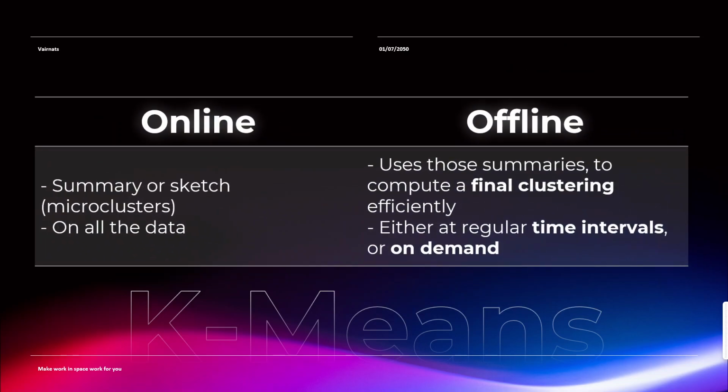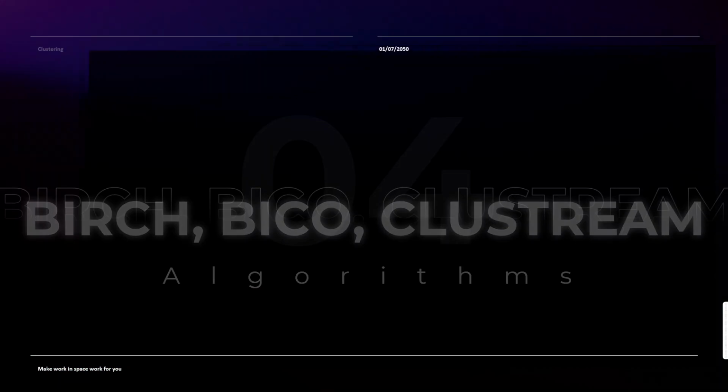The online phase summarizes, or actually makes a sketch for clusters called microclusters, and it works on all the data. The offline phase uses those summaries to compute the final clustering efficiently. It can be run either on regular time intervals or on demand whenever we need to get updated.